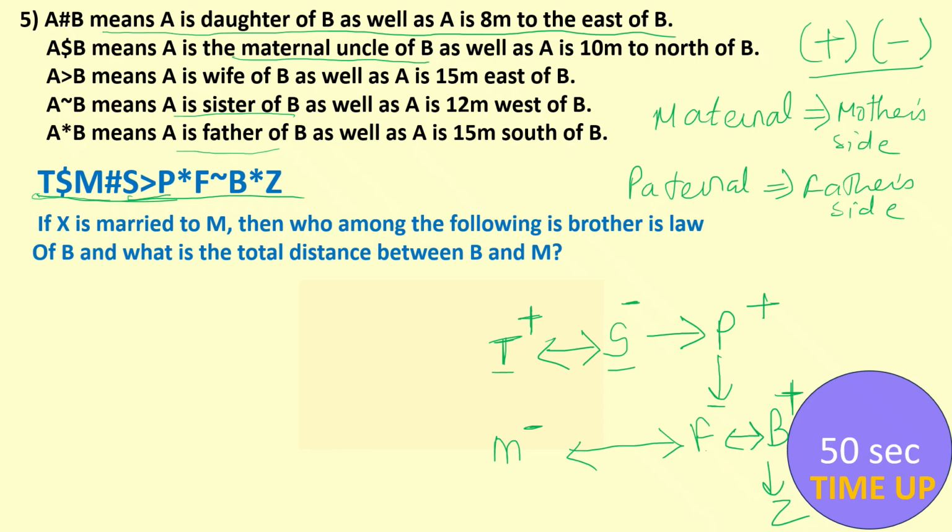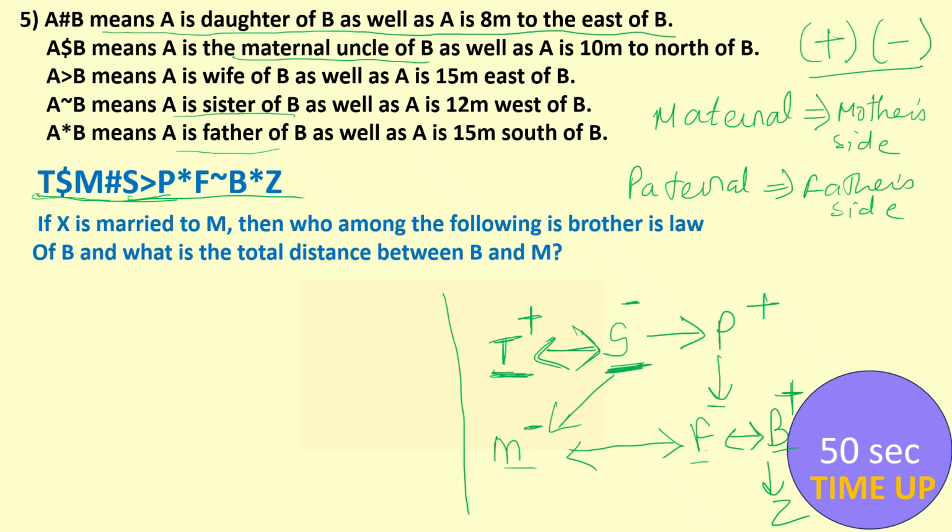And they had also said that M hash S means M is the daughter of S. If M is the daughter of S, and if S is married to P, then this M, F and B, they all are siblings. And if T should be the maternal uncle of M, then T should be the sibling of S. Then only T will become the maternal uncle of M. So this is the expression what they have said.